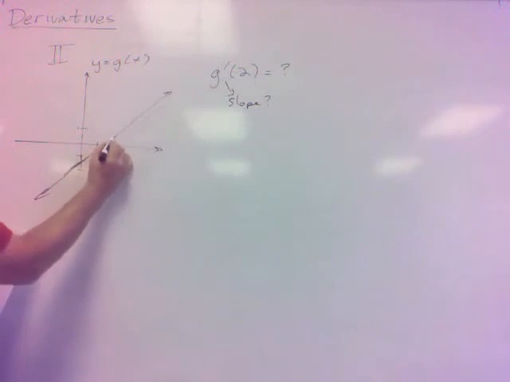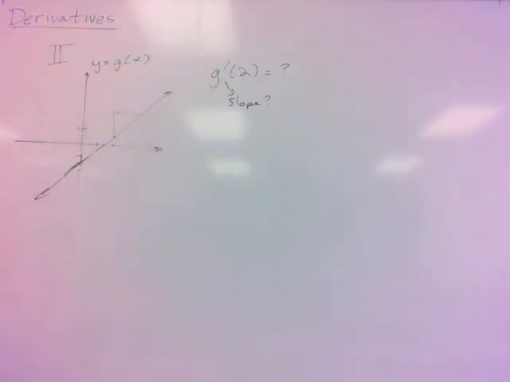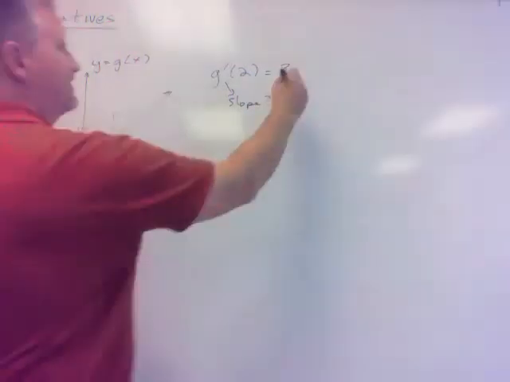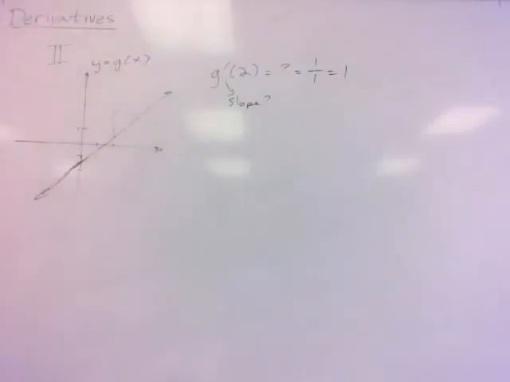Yeah, so all I have to do is really the rise over run from one point to another point there. So if I rise 1 and then I run 1, rise 1, run 1, it looks like a slope of 1. That's what I get, okay?